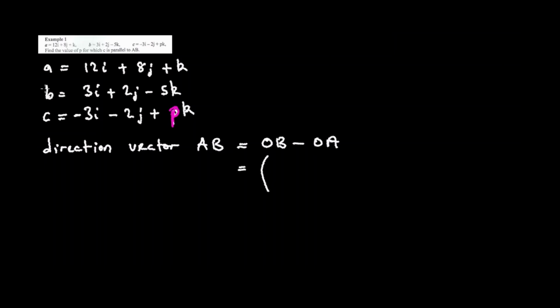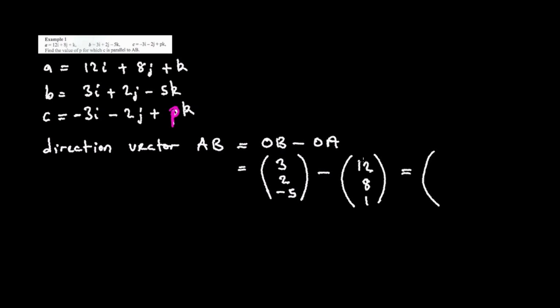OB is simply this value, but here we write it in column form, so we take the coefficients: (3, 2, -5), subtracting OA, which is (12, 8, 1). And this is equal to what? What is 3 minus 12? It is minus 9. 2 minus 8 is minus 6, and then -5 minus 1 is minus 6.